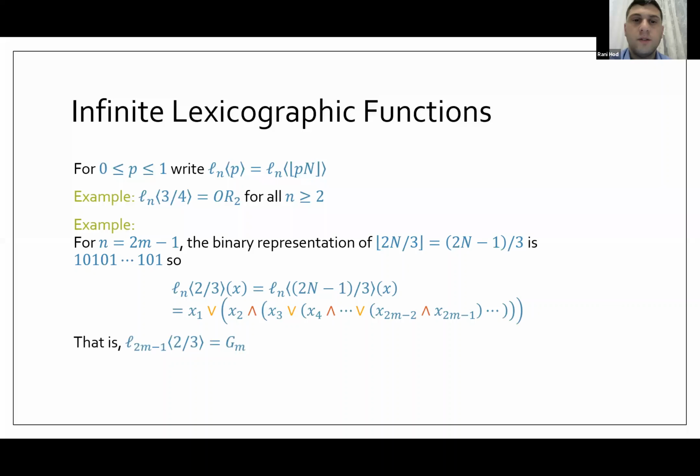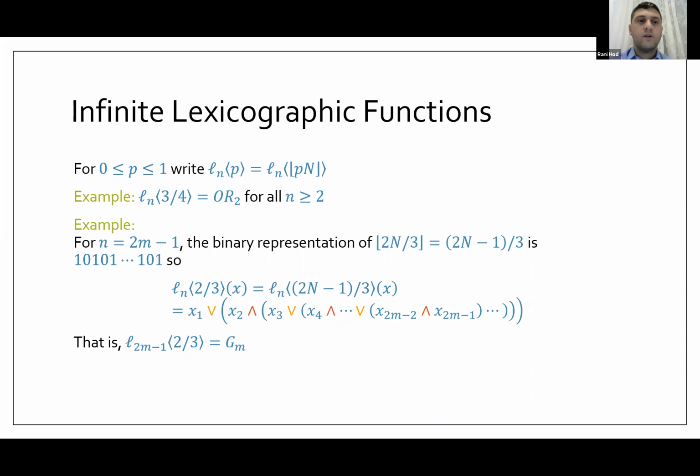One other example, which may seem familiar, is what happens if we take 2/3. If we take 2/3, the binary representation is going to be this alternating 1s and 0s. So this means that we can get the formula for this function, and this is very similar to what we saw in this version.